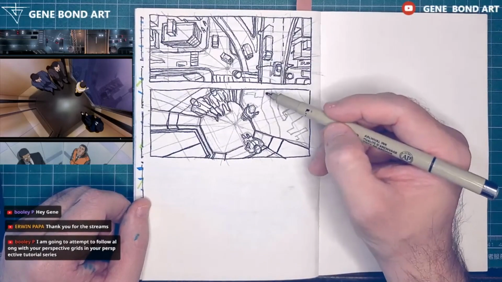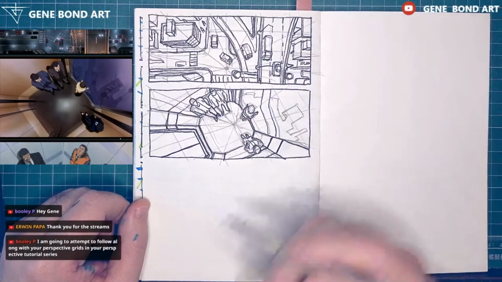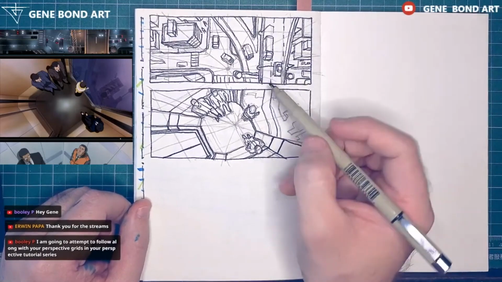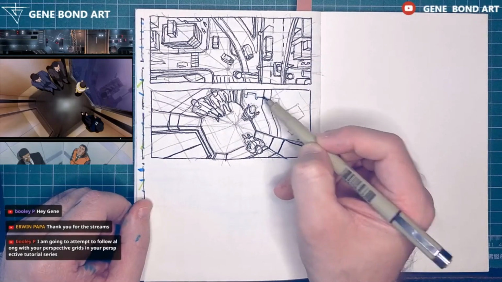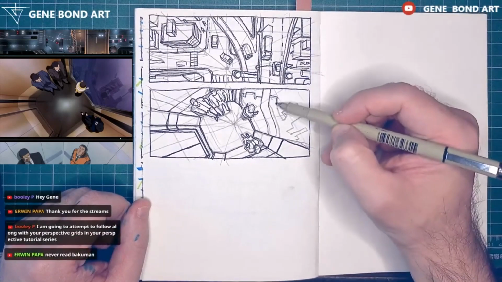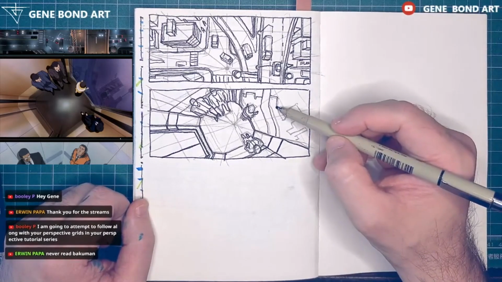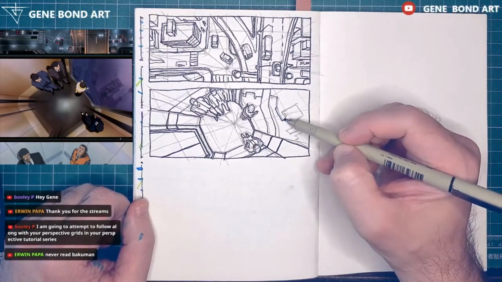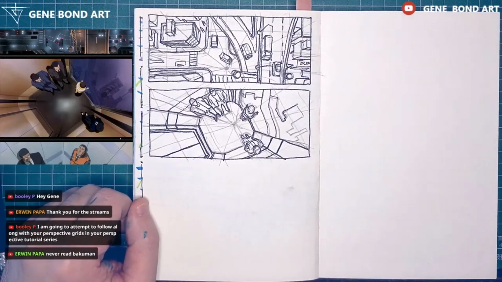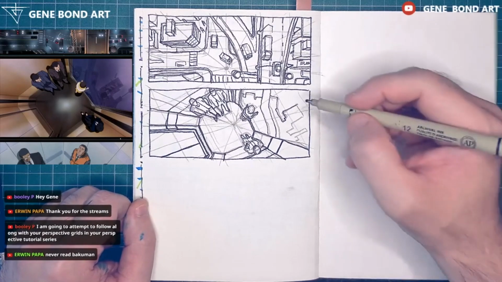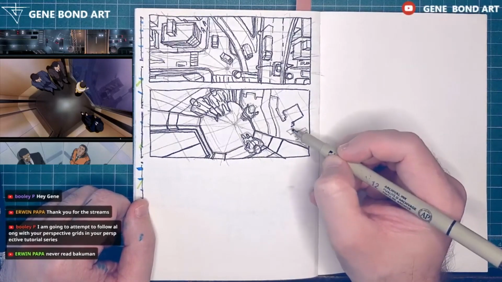Here we have... wait. Wait a second. Erwin Papa is you, artist, right? You're a comic book artist.